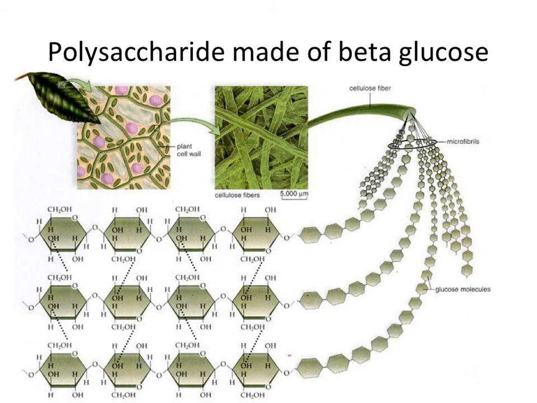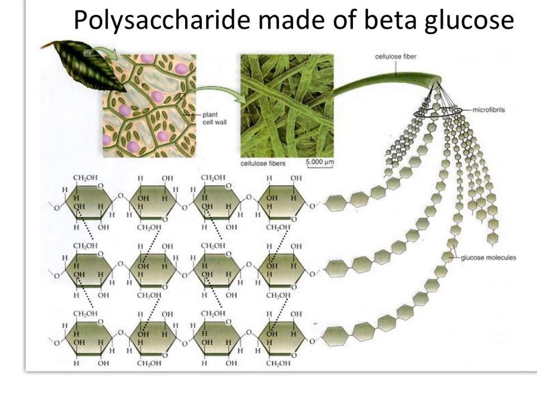And this shows you that in just a little more detail. If you look over here, because you have the 6 carbon pointing up in one, and then down in another, it allows these 6 carbons to bond with the 3 carbons like this.